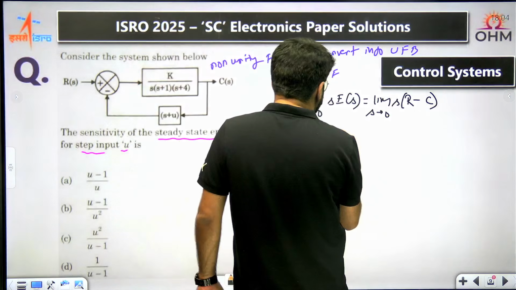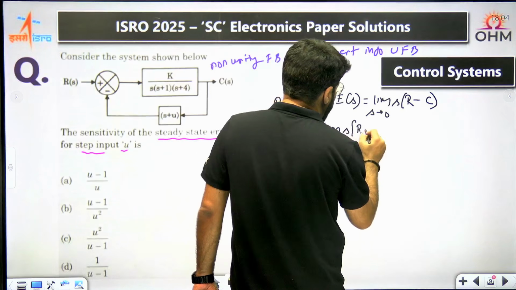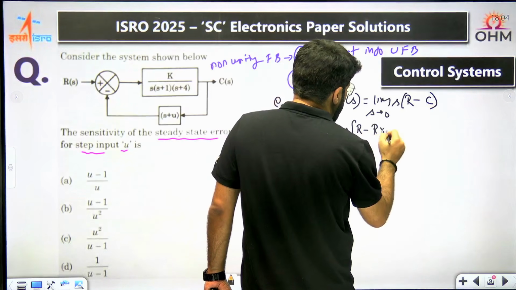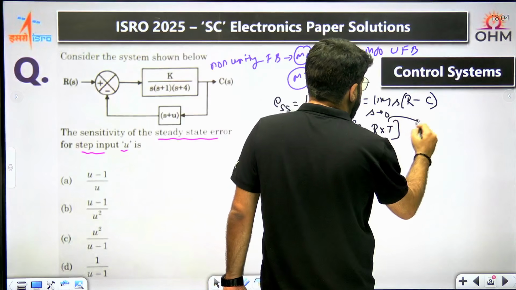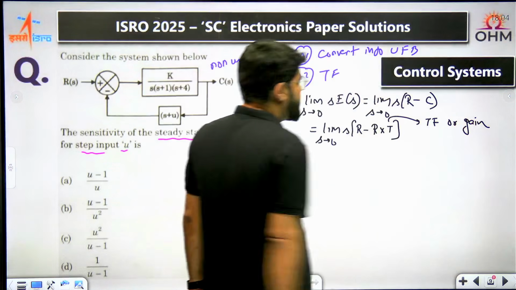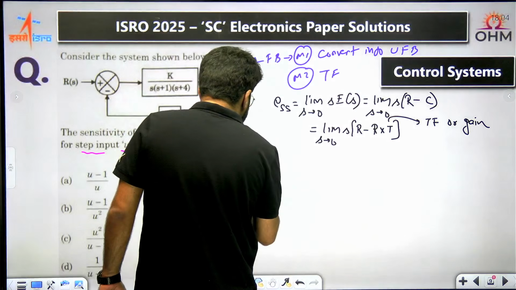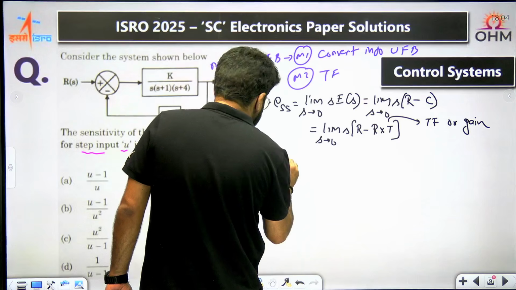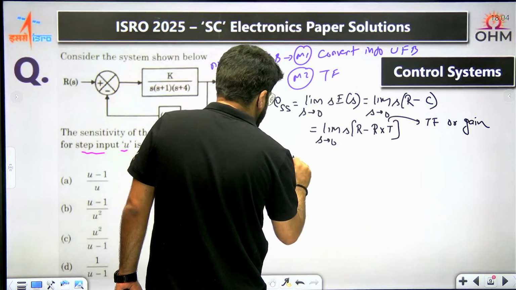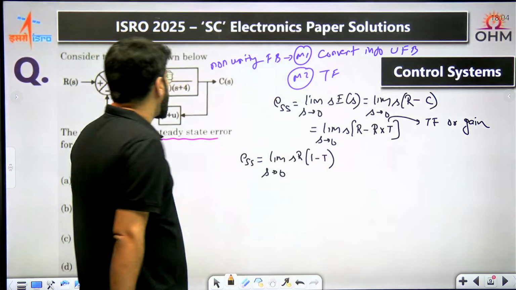Further we can write this as limit s tending to 0 of s into (r minus the output). The output is input into T, where T means the transfer function or the closed loop gain of the system. So this steady state error now becomes limit s tending to 0 of s into R, with R common, times (1 minus T).